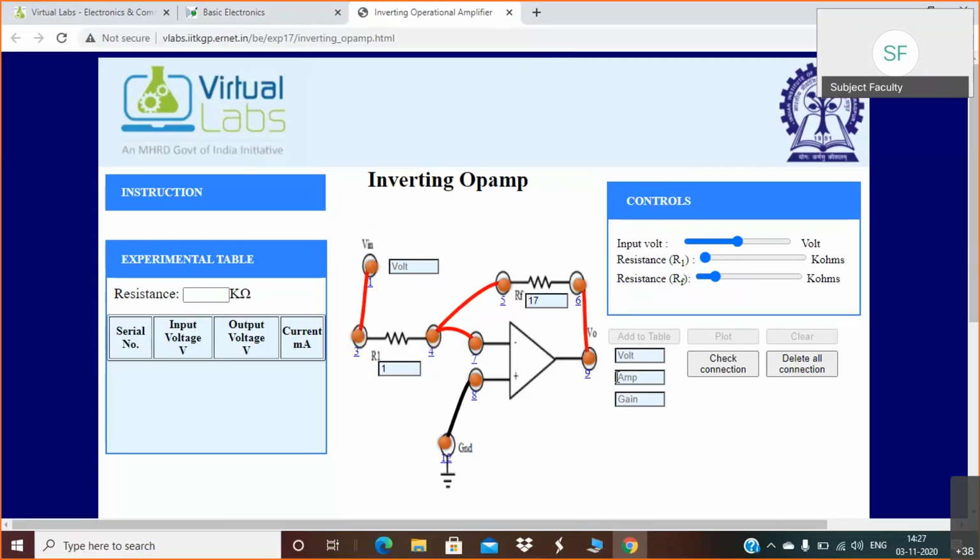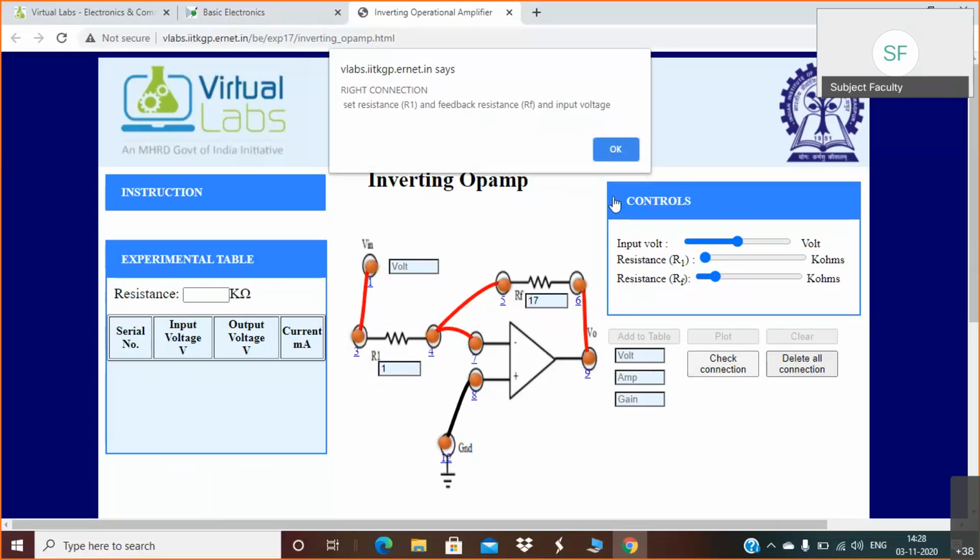If you are having any doubt in this connection, then you can also check. You have to click on check the connection. One window will appear. It shows the right connection: set resistance R1, feedback resistance RF and input voltage.